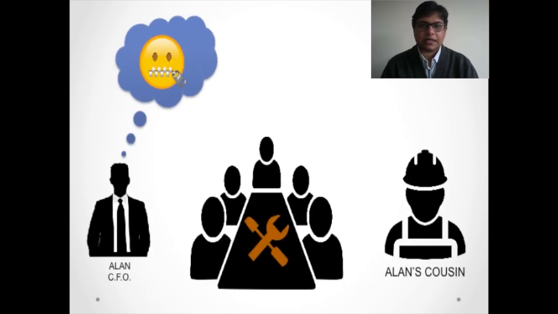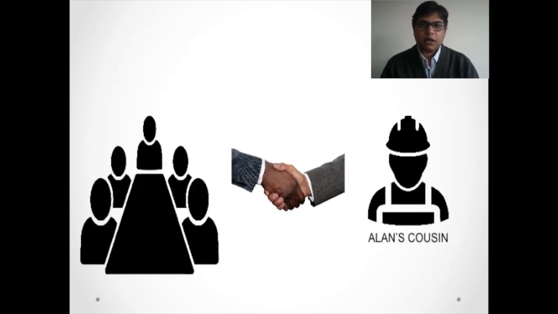Alan and his cousin attend the meeting for the contract, but Alan does not disclose his relationship with his cousin during or before the meeting. Apparently, after the meeting, Alan's cousin wins the contract for renovation at Saturday Night Live Limited.